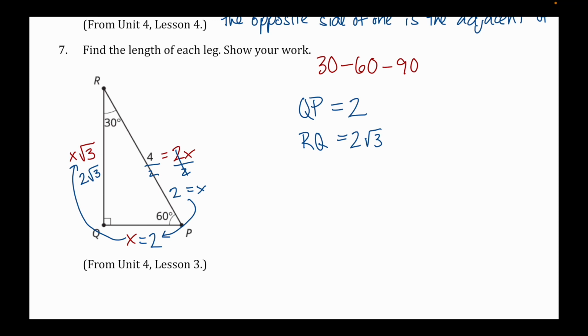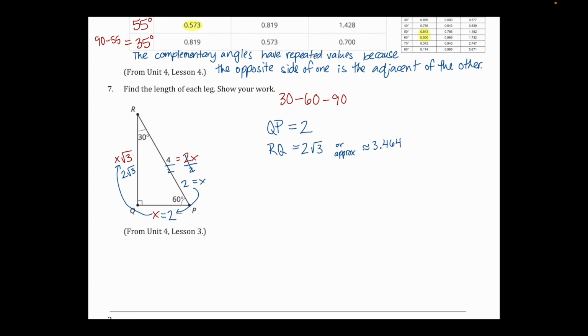Our decimal approximation of this is 3.464, or approximately, that's the same thing as the wiggly lines here, 3.464. And there should be enough there if you need to round that you can. So that is our 2 root 3. And these would be my 2 answers to this. So I'm going to put a box around these. And that makes the end of our assignment.